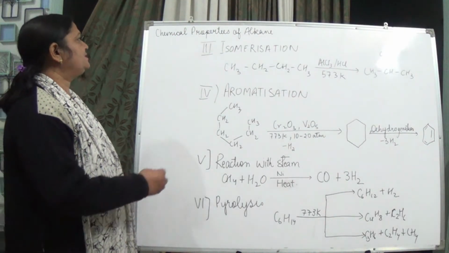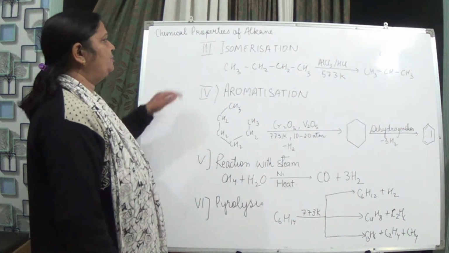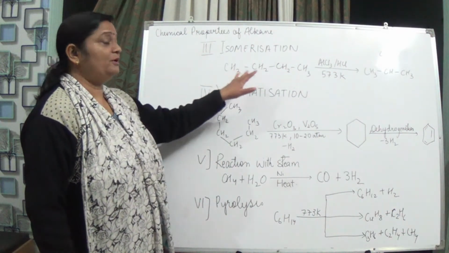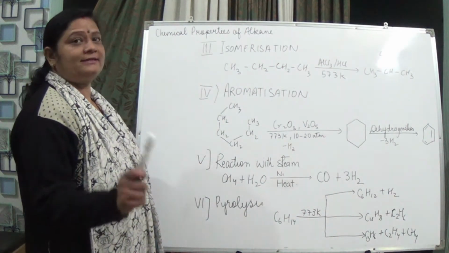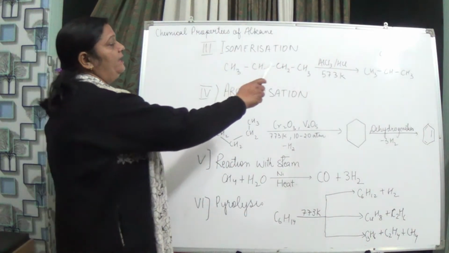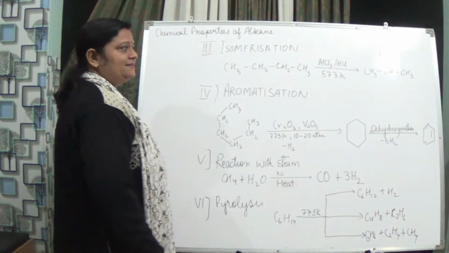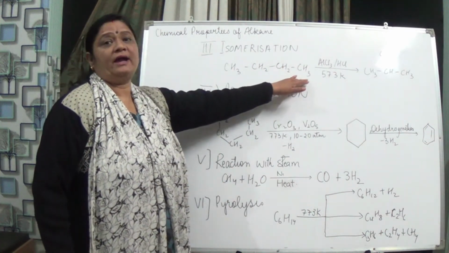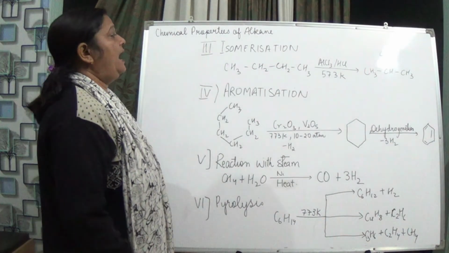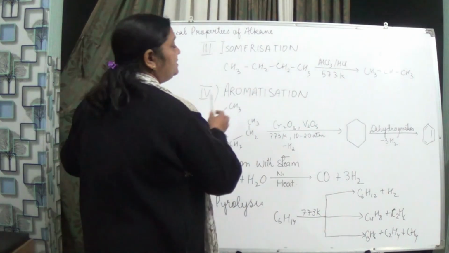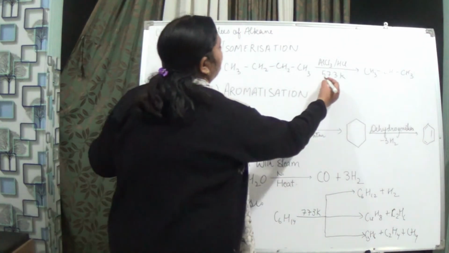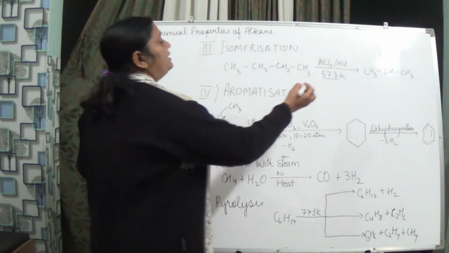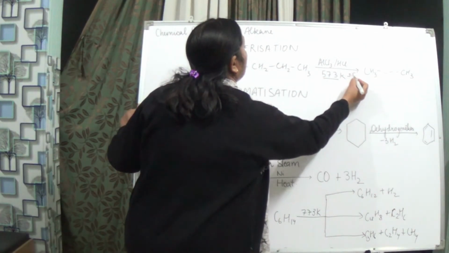Now coming to the next chemical property of alkanes, isomerization. Here we can see that normal butane has been taken, and what are we providing? Aluminum chloride, AlCl3, and hydrogen chloride, or hydrochloric acid, and the temperature provided is 573 Kelvin, around this value, and 35 atmospheric pressure is also provided.